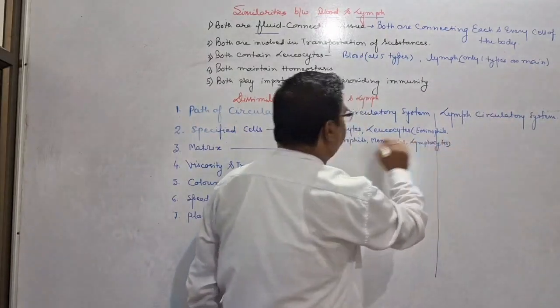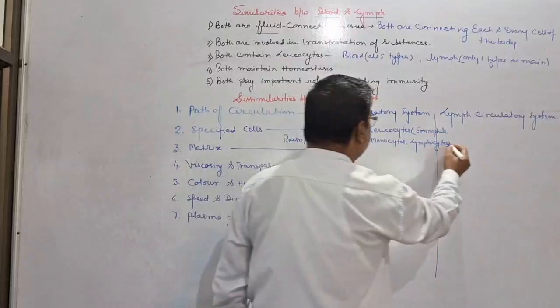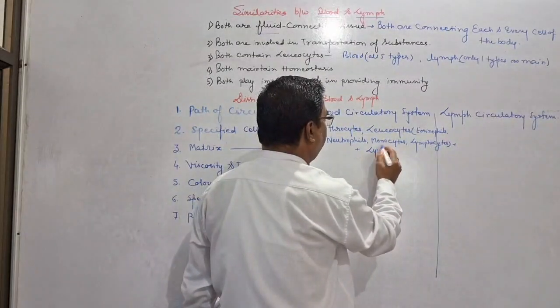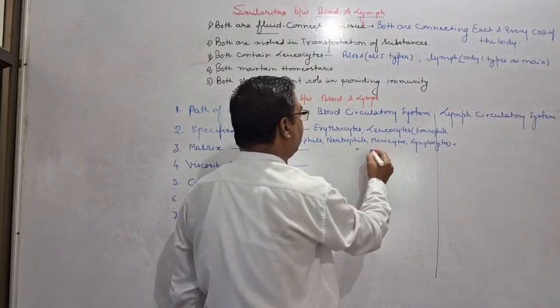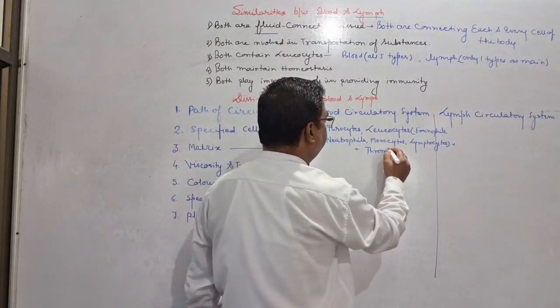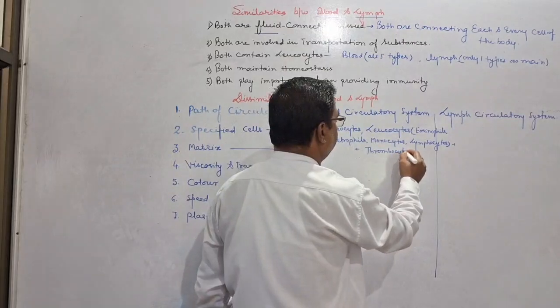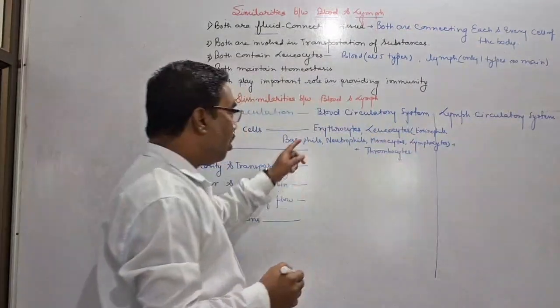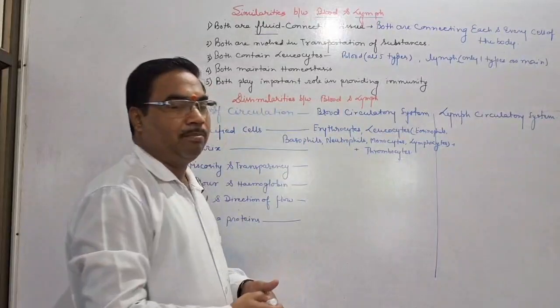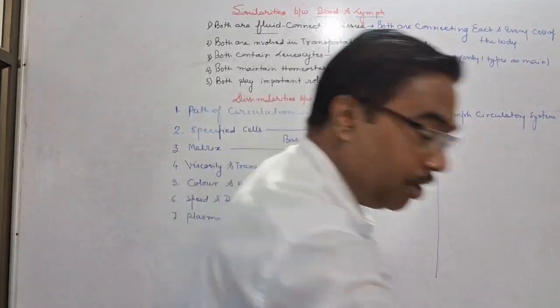These are the 5 types of leukocyte. Plus, here I am writing platelets or thrombocytes. So all 5 types of leukocyte along with erythrocyte and thrombocytes are present in the blood.